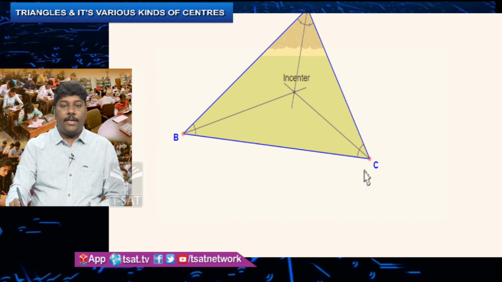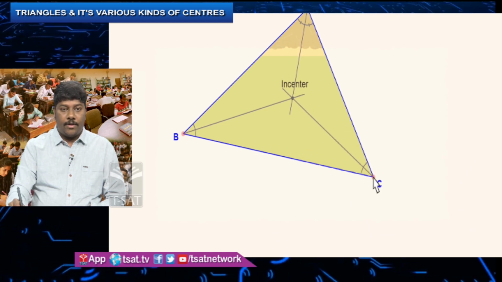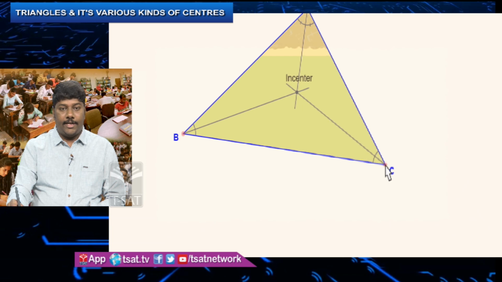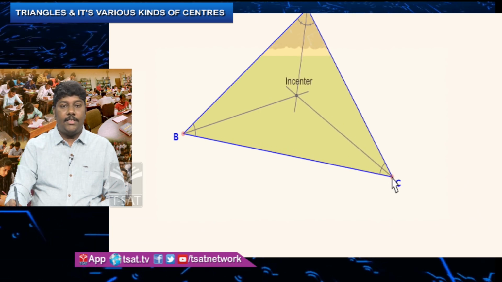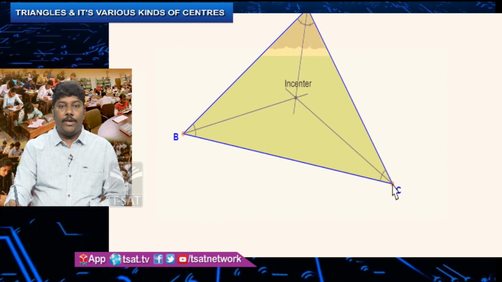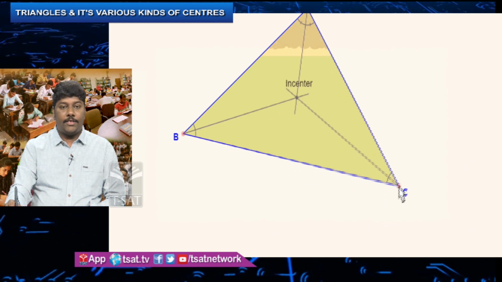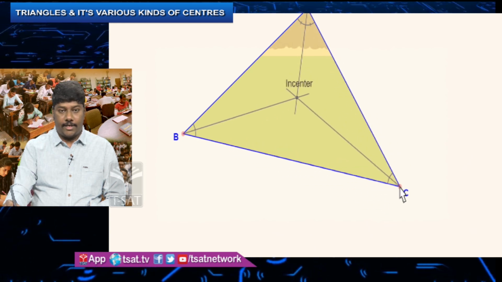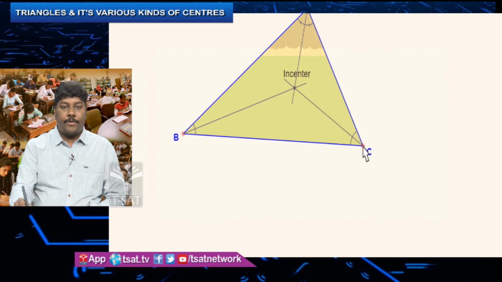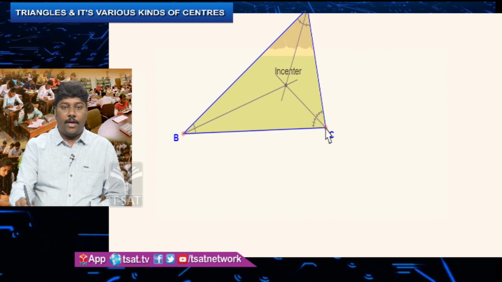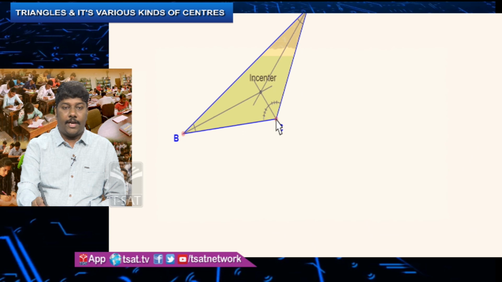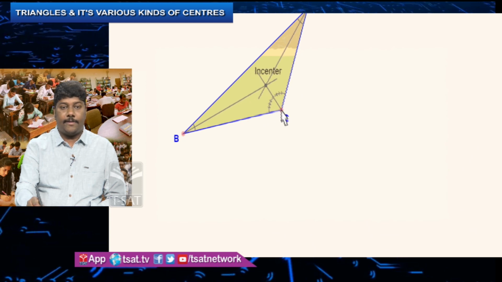Now, here these are 3 angular bisectors. Look at it, it is called in center. The intersection point is in center. In center is always equidistant from the sides. And here for an acute angle triangle or obtuse angle triangle, this is an obtuse angle triangle, in center stays inside.